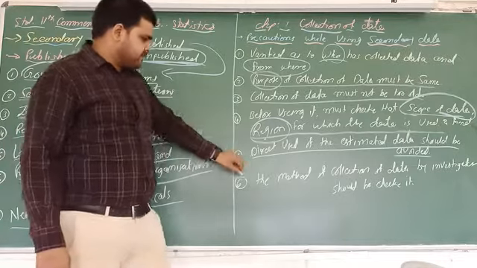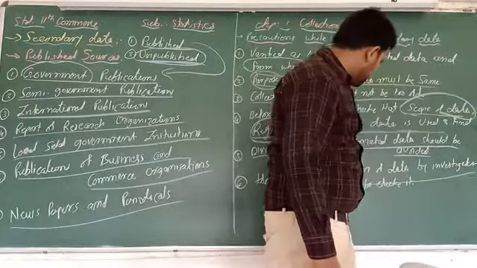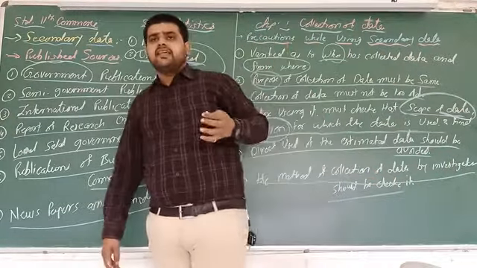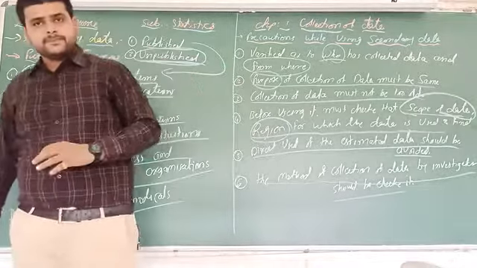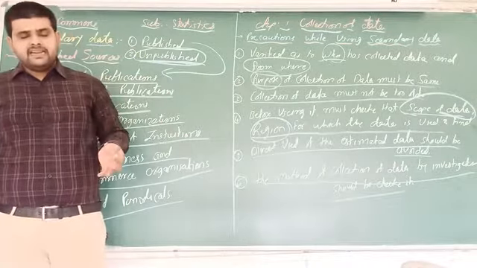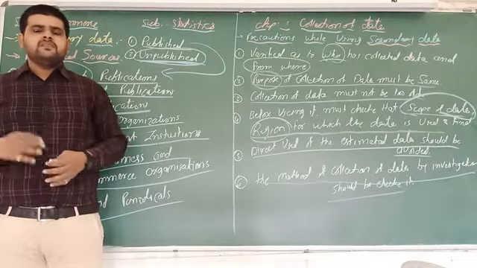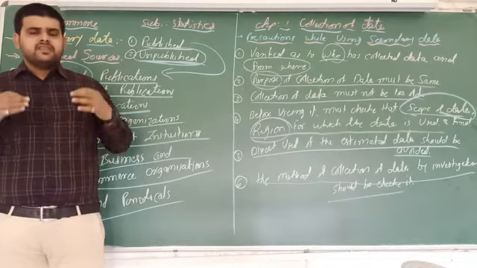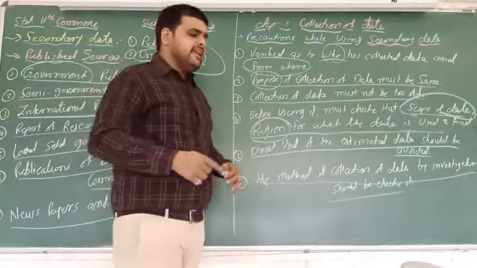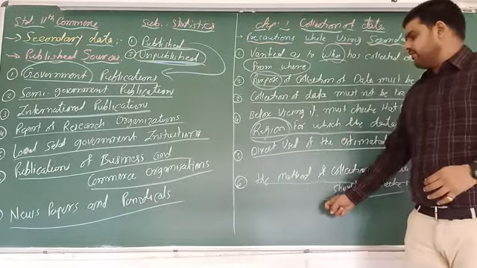And the last one, the method of collection of data by the investigator should be checked. Whether the method is direct or indirect, and if indirect, whether it is by questionnaire through enumerators or questionnaire by post. We have to check this information first, and only then use that data in our study.